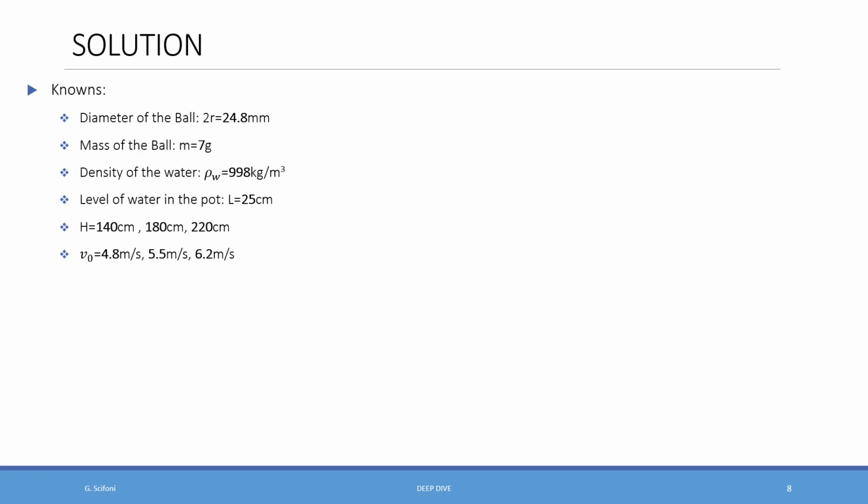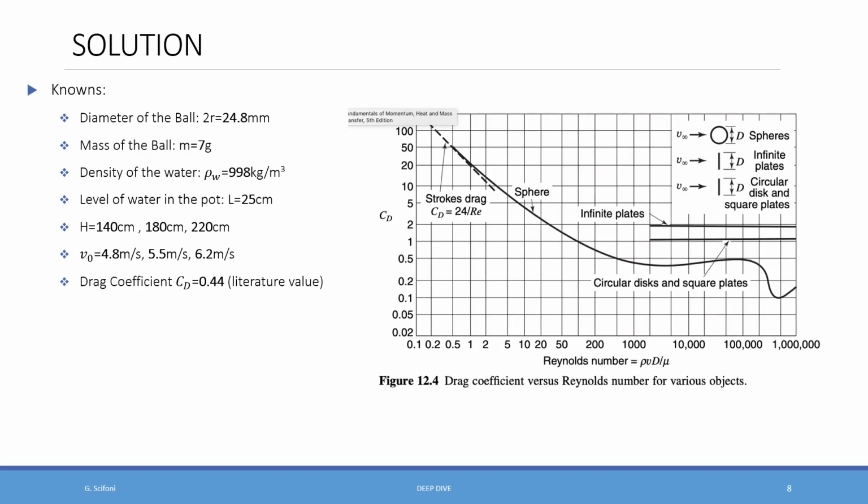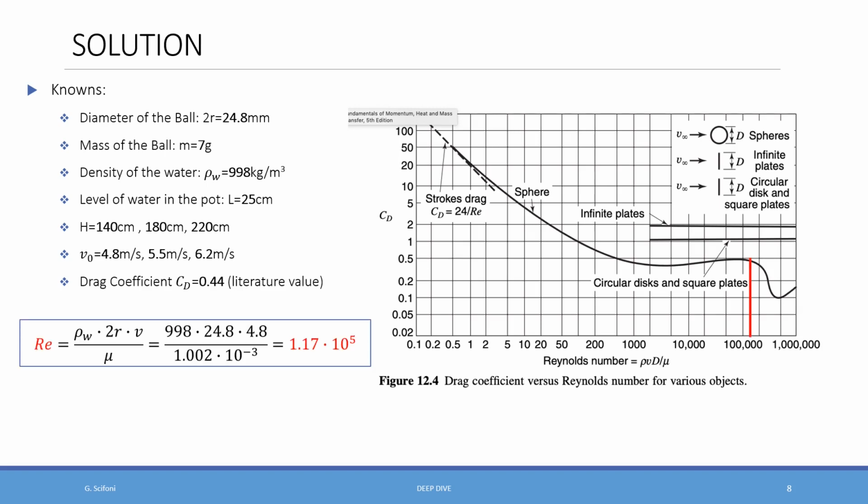The drag coefficient is not a constant. Instead, it depends upon the Reynolds number. In our case, its value for the first experiment and starting velocity is 1.2 10 to 5, dimensionless. By means of an empiric formula, we can get the value 0.44 here displayed.